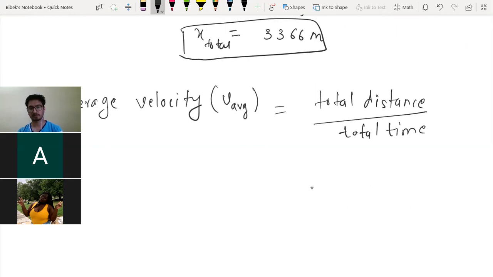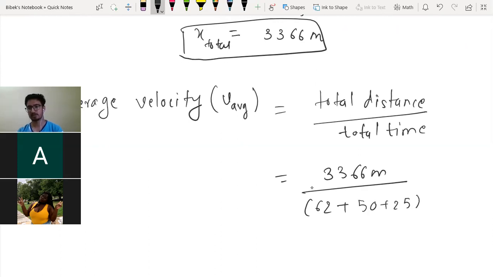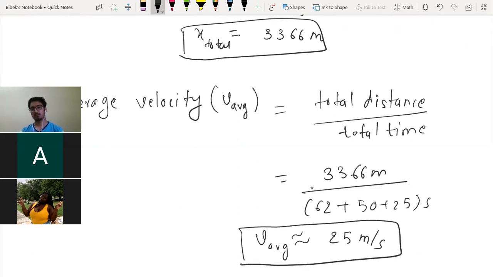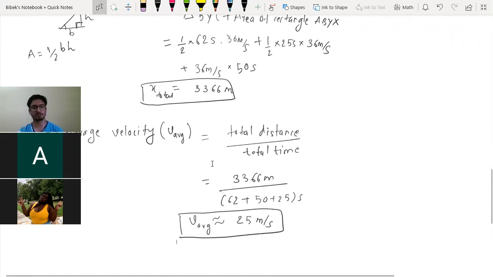You have already found the total distance in the previous section, so that's 3366 meters divided by the total time, which is 62 plus 50 plus 25 seconds. So you get about 25 meters per second. That's your V average.